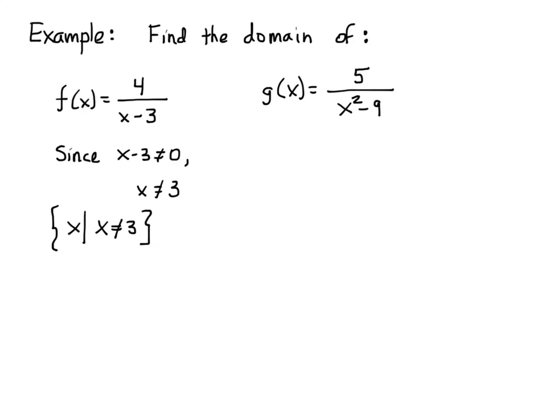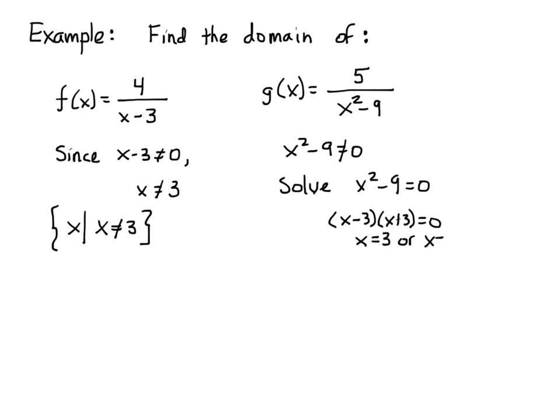Now on the second one here, we know that the domain has to restrict us from values of x that'll make that denominator 0. In other words, x squared minus 9 can't be 0. So what we do is we figure out where it equals 0. I'm solving x squared minus 9 equals 0, and I find that x equals 3 or x equals negative 3.